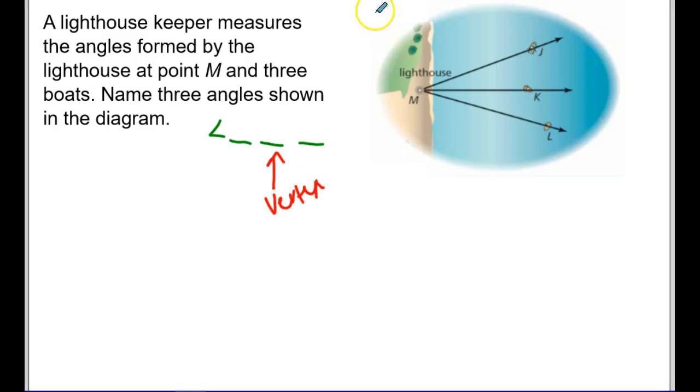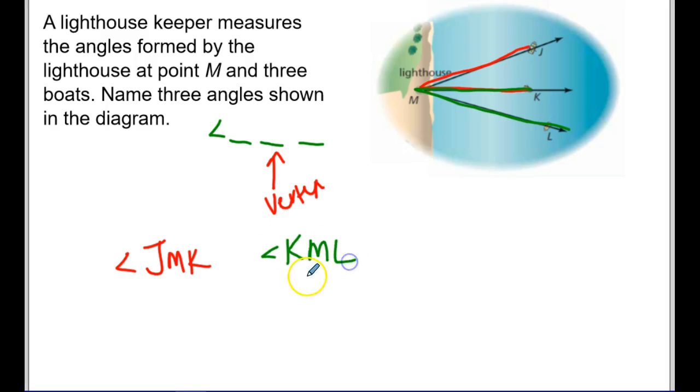Okay, so let's look at our picture here. I see that I have an angle that goes from J to M to K. So I could have angle J, M, K. So let's find another angle I've got. I see here I also can go from K, M, L. So I also have angle K, M, L. And you see in both of these, my M is my middle.